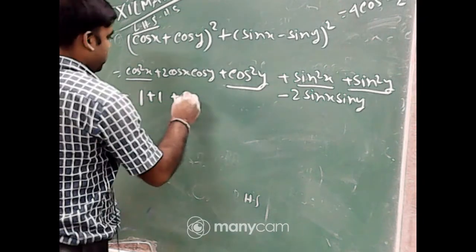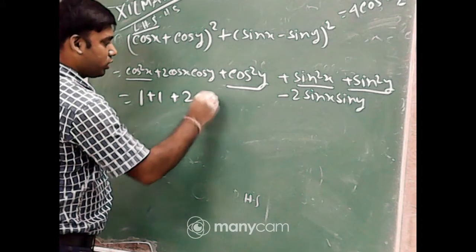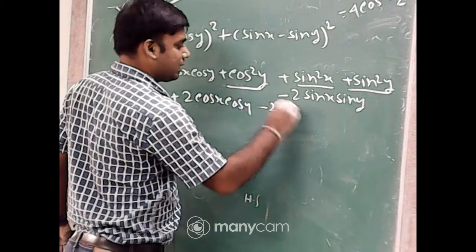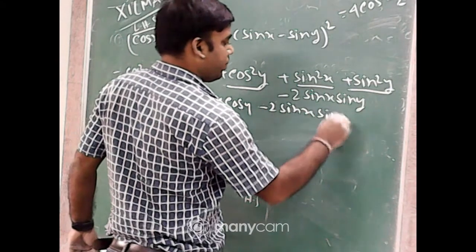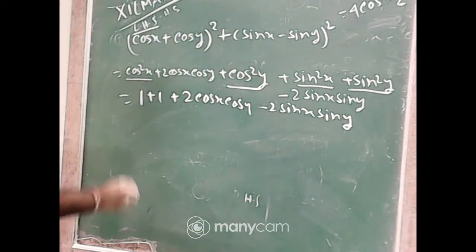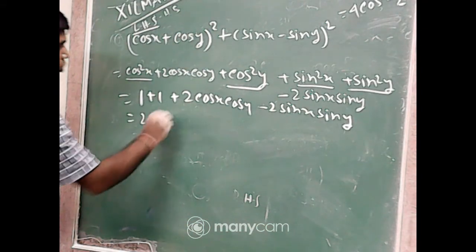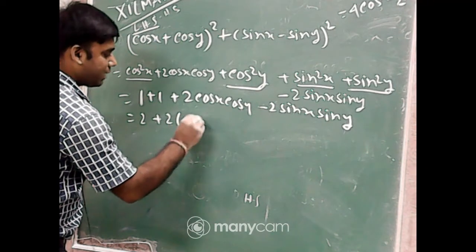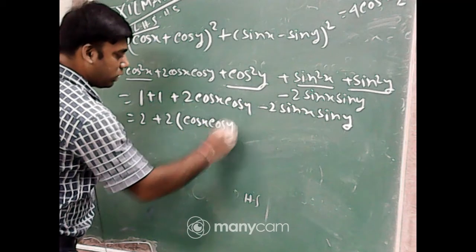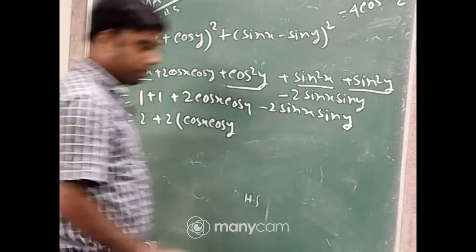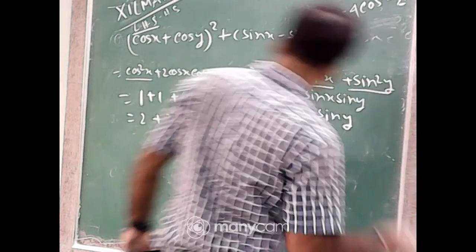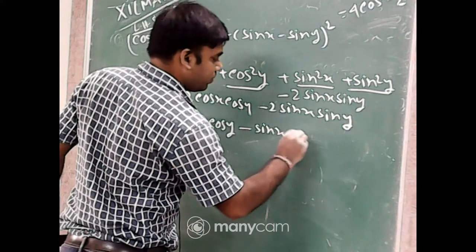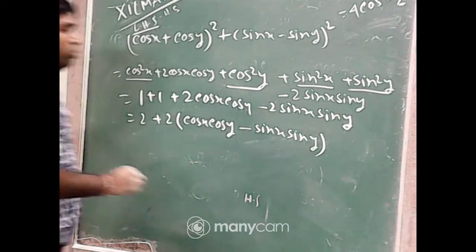Now 2 cos x cos y minus 2 sin x sin y, taking 2 common, 2 of cos x cos y minus sin x sin y.